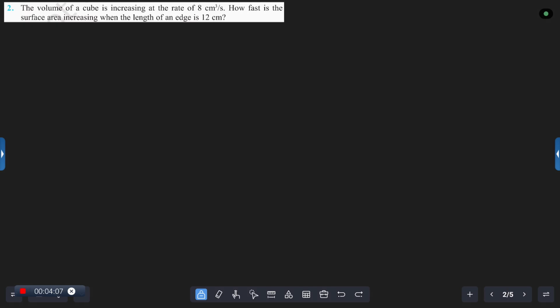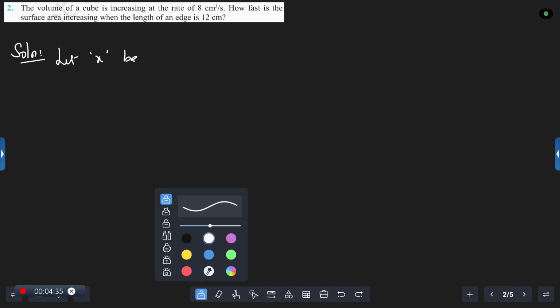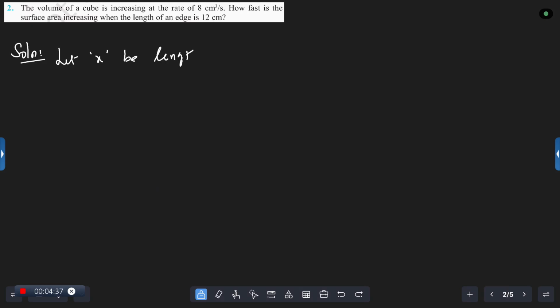Question number 2. Volume of cube. We don't know the length of the cube, so we take it first in the solution. Let x be the length of the side of the cube. Generally a is treated as a constant sometimes, which may cause confusion, so I'm taking x as a variable. What is the volume formula?